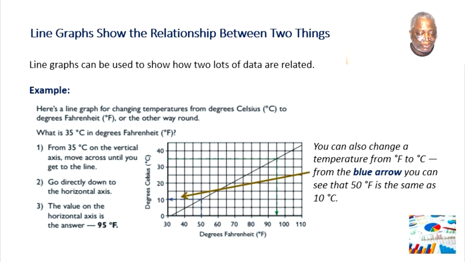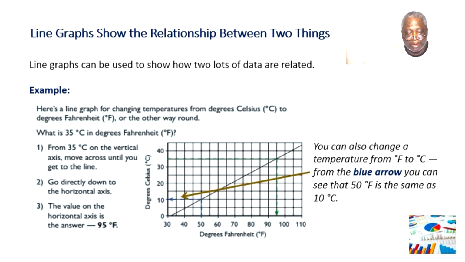What is 35 degrees Celsius in degrees Fahrenheit? 1. From the 35 degrees Celsius on the vertical axis, move across until you get to the line. Which means you need to understand what the line is giving you. On the vertical axis you have degrees Celsius, and on the horizontal axis you have degrees Fahrenheit.